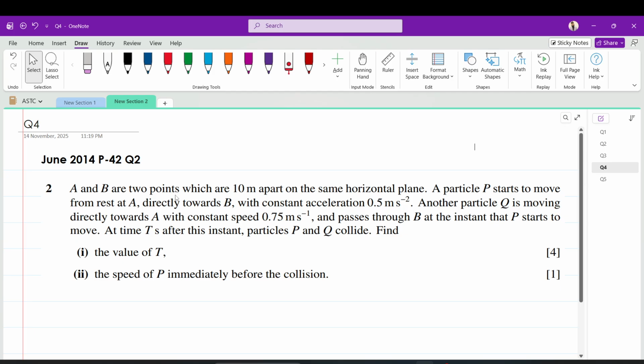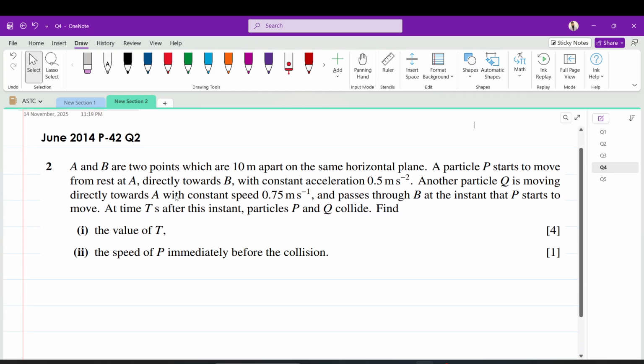A and B are 2 points which are 10 meters apart on the same horizontal plane. A particle P starts to move from rest at A directly towards B with constant acceleration of 0.5 meters per second squared.